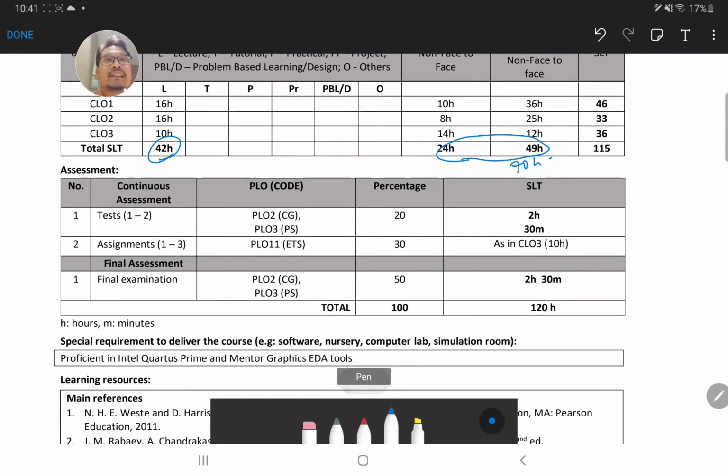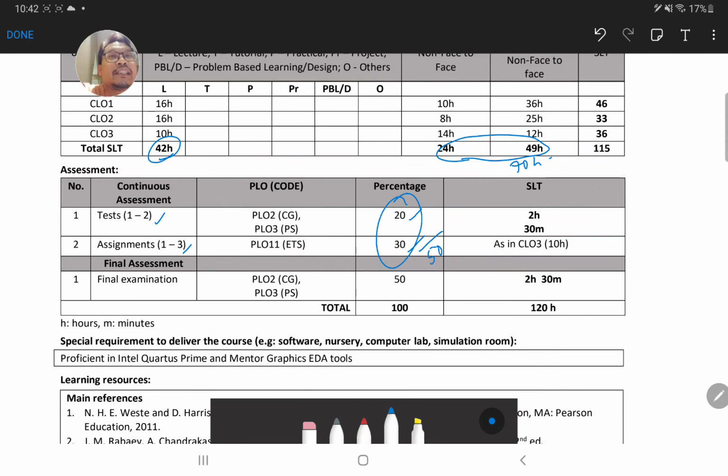And let's have a look at the evaluation assessments. So we're going to have two tests, test 1, test 2, and each one will be 10%, and then we have 3 assignments, 30%. Okay, but this one is total 50, yeah, so total 50. But this one is really not fixed. I mean, we can have one test, or maybe, okay, I think most likely going to be 2 tests.